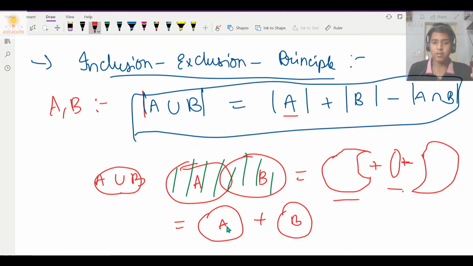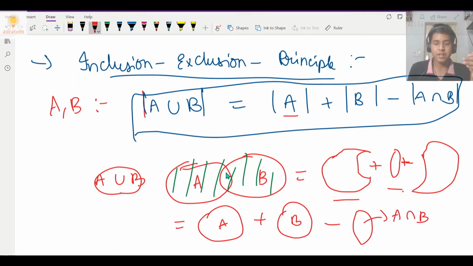So in order to make this equal to A union B, we need to subtract this part once, right? So if we subtract this part once, then this will also be equal to A union B, right? But we know that this part here will be equal to A intersection B, right?